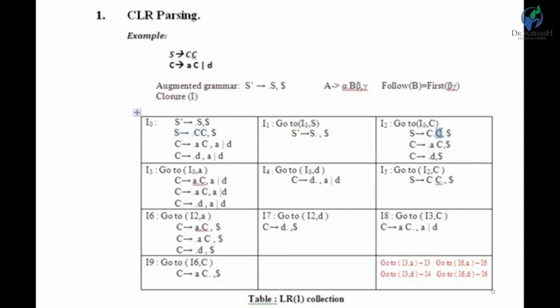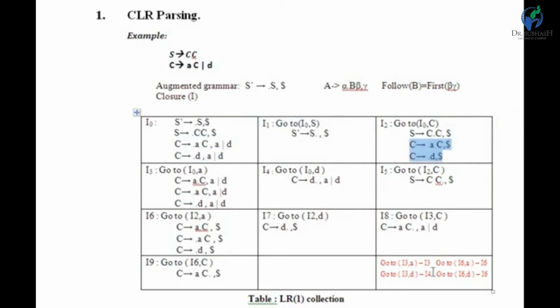After the dot you have non-terminal C, so write its productions: C gives dot A C and C gives dot D. Its look ahead comes from follow of C, which is dollar.